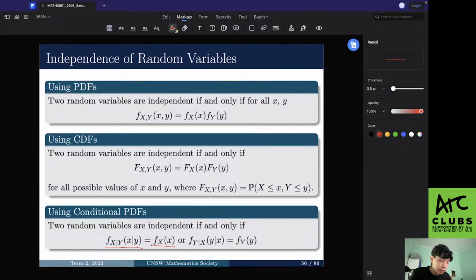Which means f of x is the same regardless of what y is, which means that they are independent, right? And the same is true with the other equation. It just says for any x value, the PDF of y will stay the same. And so this is a very easy way that we can show two random variables are independent.